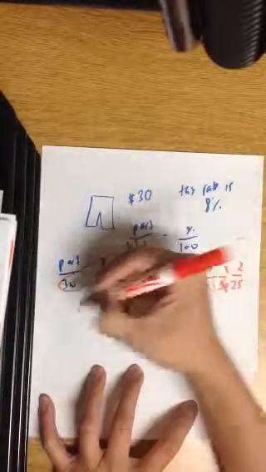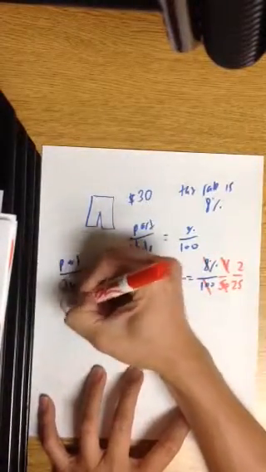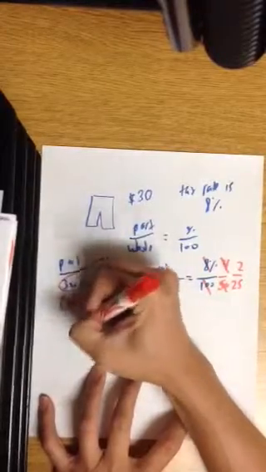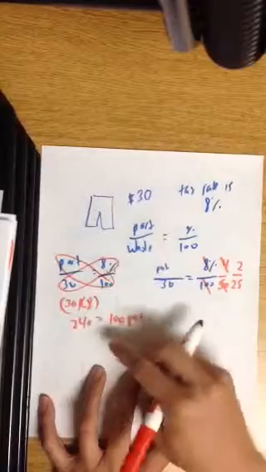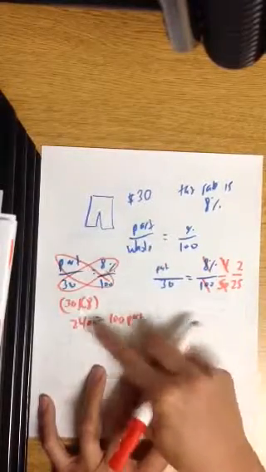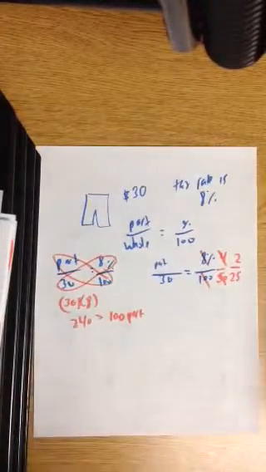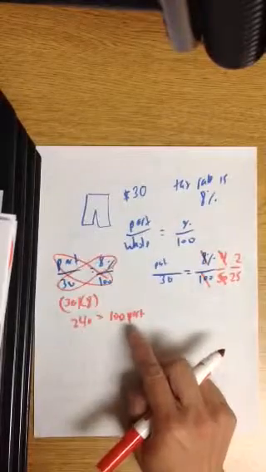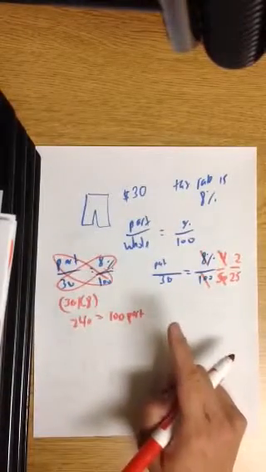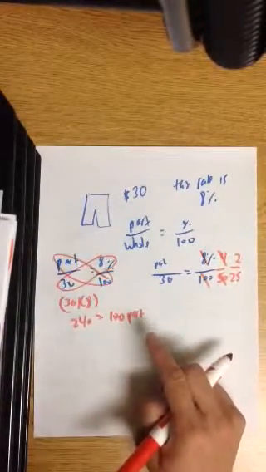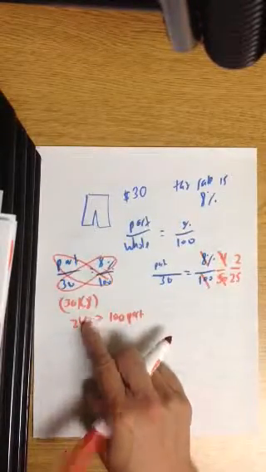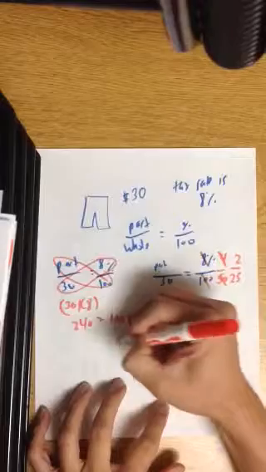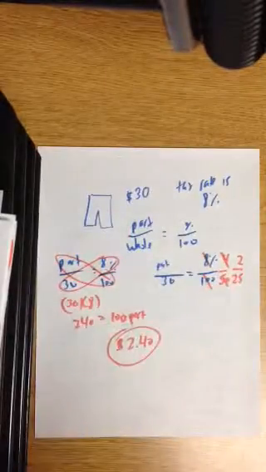30 times 8 is 240. 100 groups of something makes 240. 100 groups of 2 is 200, and that's 40 left over out of 100. I wonder if it's $2.40.